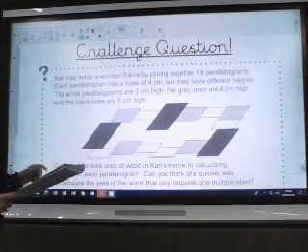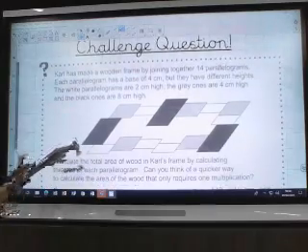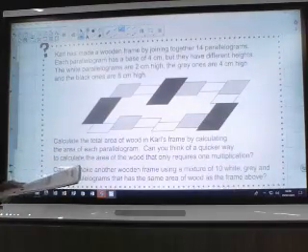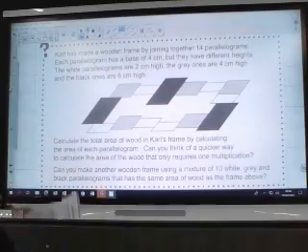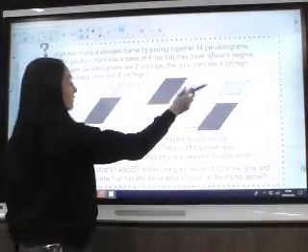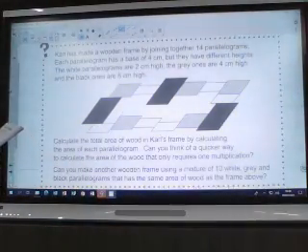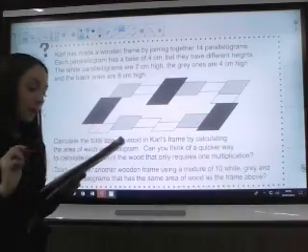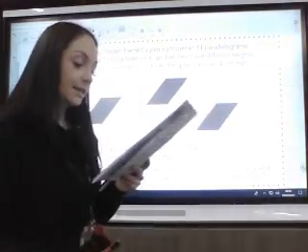Then you've got another challenge question on this page. Okay, so this one says, Carl has made a wooden frame by joining together 14 parallelograms. So you've got all your different parallelograms here. You've got one in the middle. Okay, so it says each parallelogram has a base of 4, but they all have different heights.